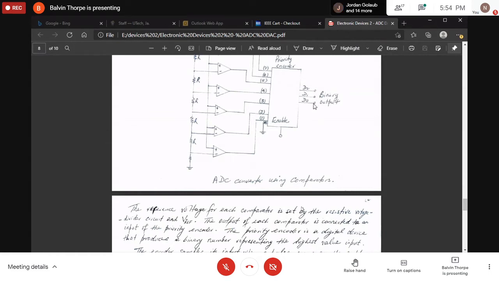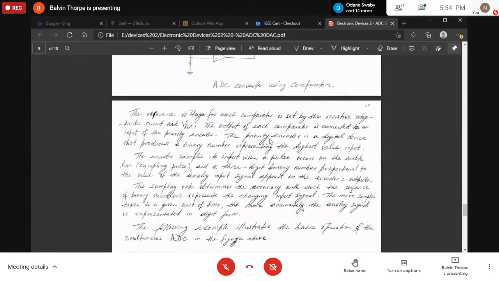Because remember, this can go from 0, 0, 0 at the output to 1, 1, 1. What does that represent? It represents, as we know, 0 to 7, based on what we would have known in terms of logic, digital circuits, plus just general logical conversion that you would have probably done before.